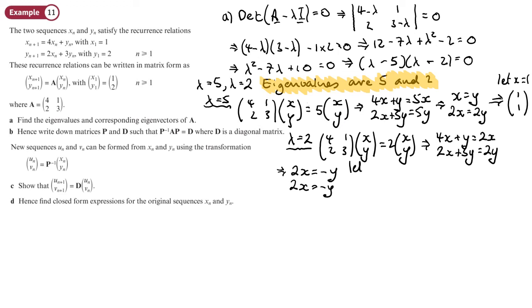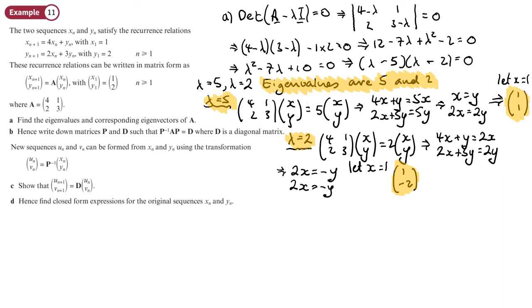So we'll say let x equal 1, make it nice and easy. So that gives us an eigenvector of 1, negative 2. So I'll just highlight that. Here are the corresponding eigenvectors. So for 5, we get 1, 1, and for eigenvalue of 2, we get 1, negative 2. So that will be our part A done.